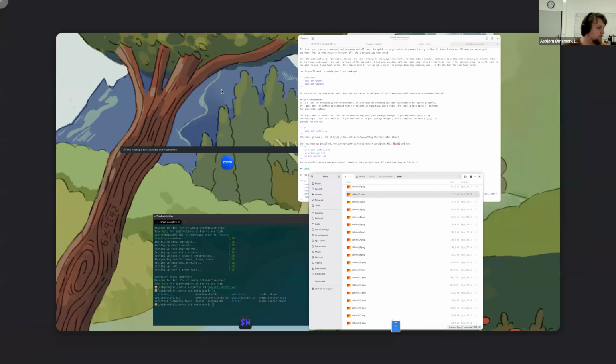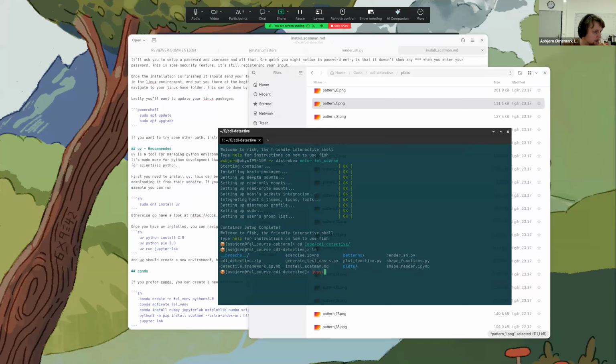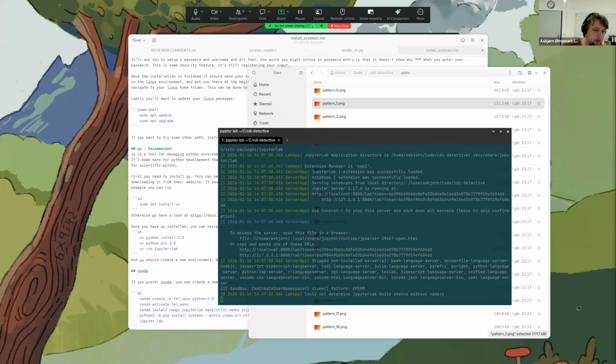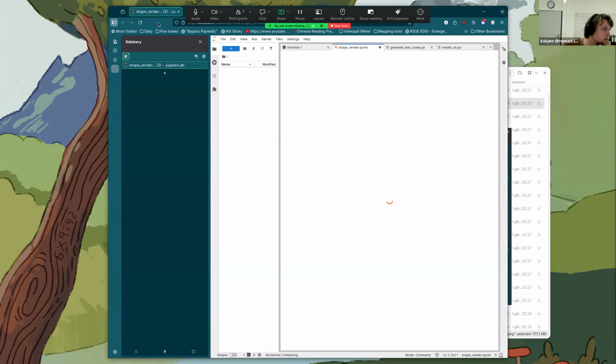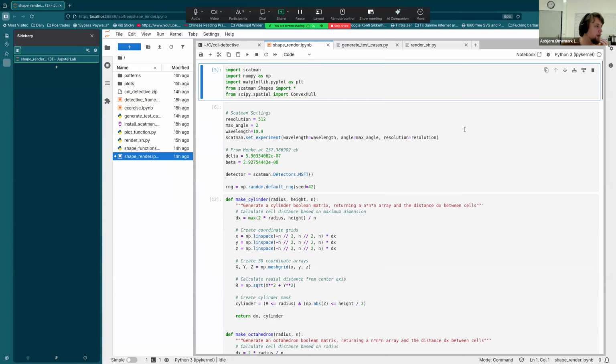It should work to just navigate to the folder and then run Jupyter. Sorry, I need to activate the environment first. So here it is. Let me just make it a bit bigger.